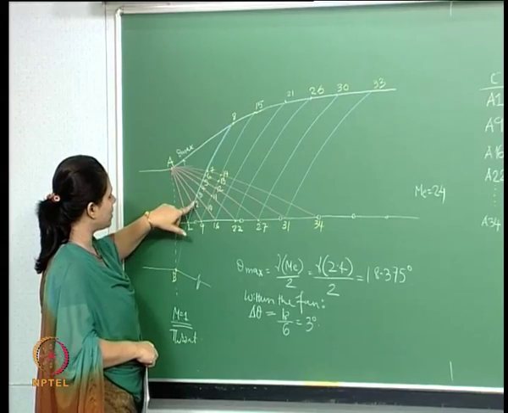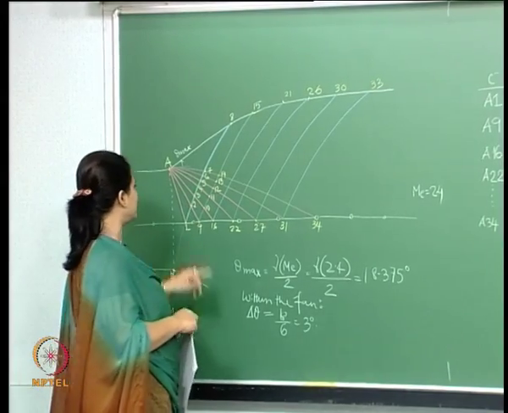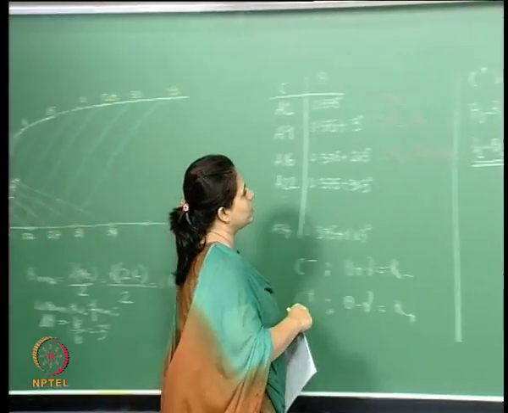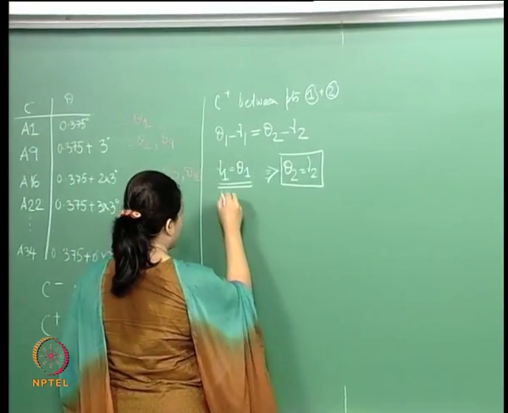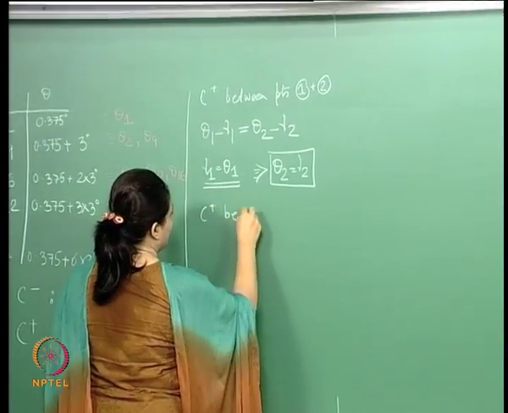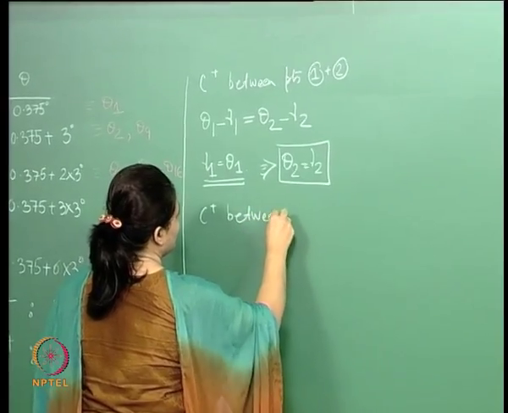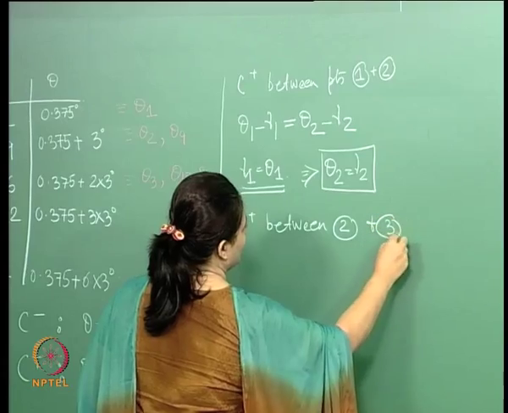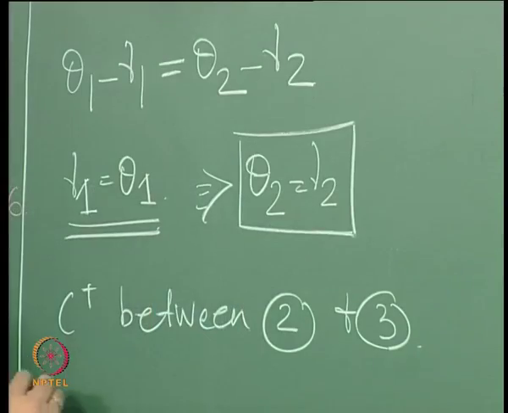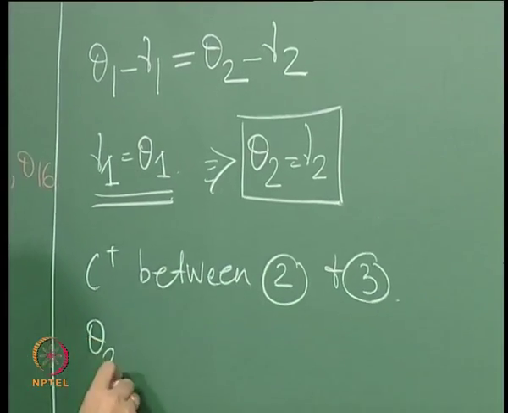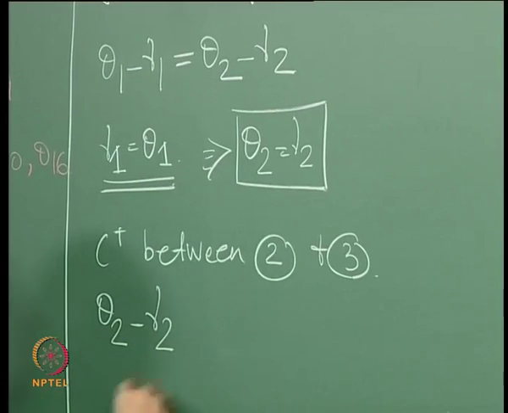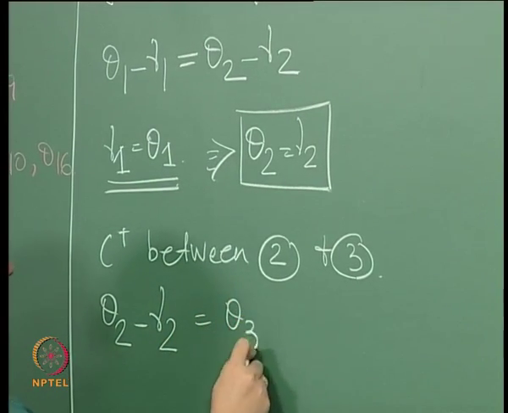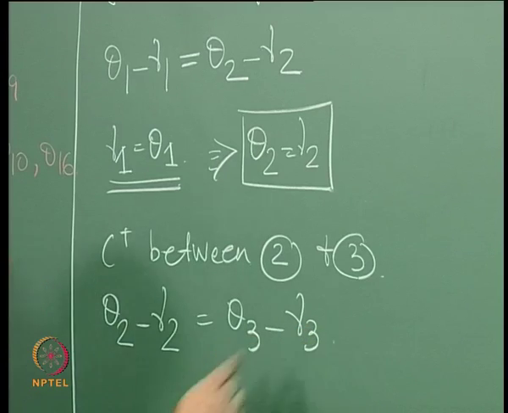Now let us consider points 2 and 3. Again on C plus, between 2 and 3, we get theta 2 minus mu 2 is equal to theta 3 minus mu 3.